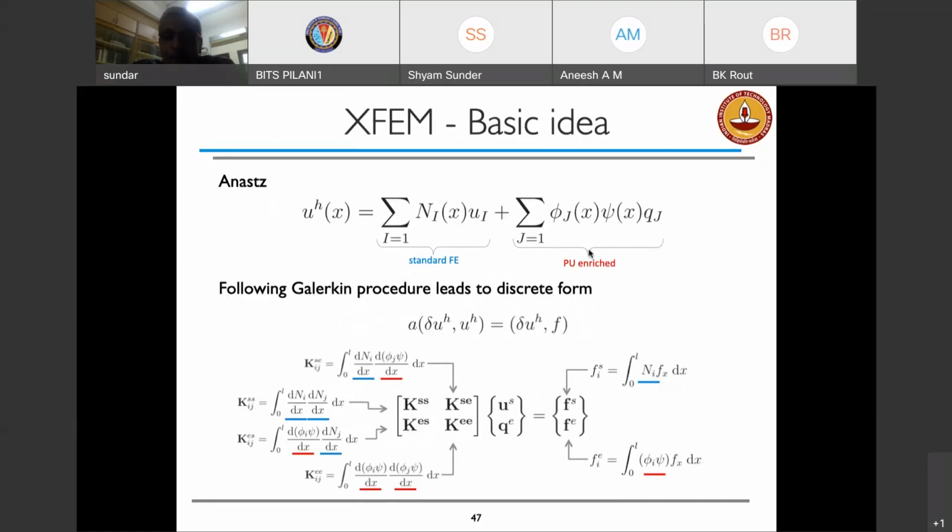We'll see for one particular case what this function should look like. But given this as an approximation, we can put this into our Galerkin framework. What you will end up with is an extended stiffness matrix for you to solve, right? These additional unknowns come from the fact that we add additional functions to the standard finite element base.